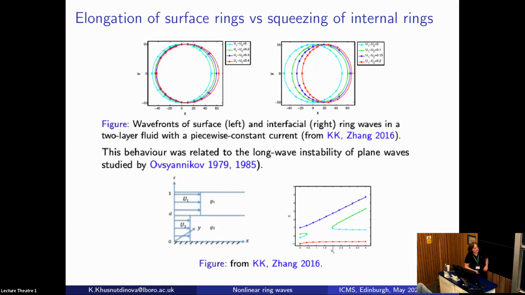And we realized that this is related to the existence of the long wave instability in the system, which was discussed by Ovsyannikov and then by several other authors. As the strength of the current approaches the critical value, these are surface waves, co-propagating and counter-propagating, and the green and blue curves are the velocities of internal waves, right?